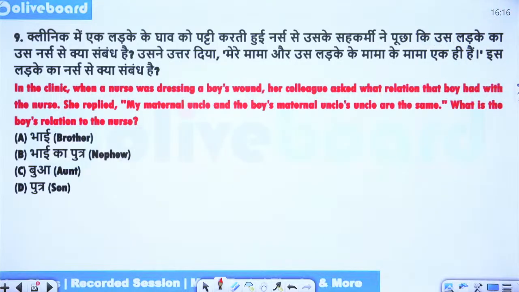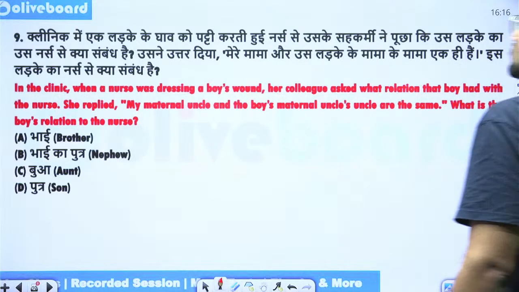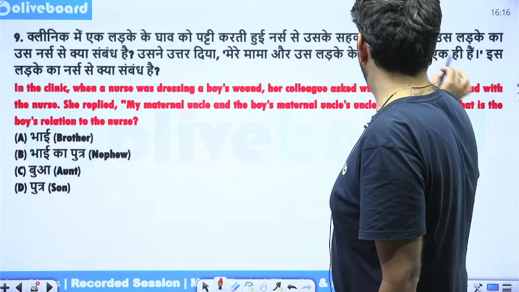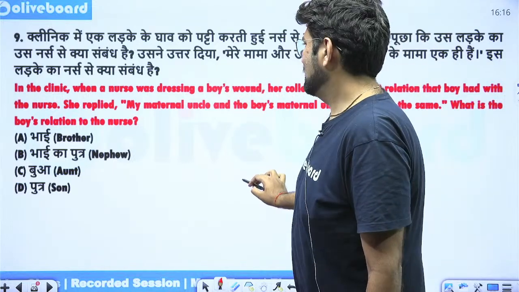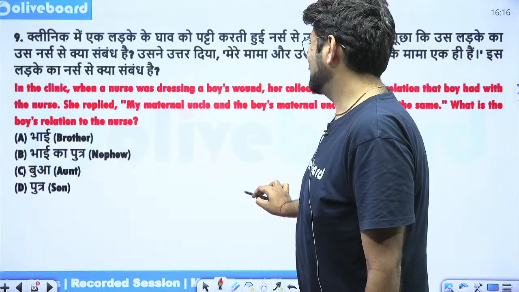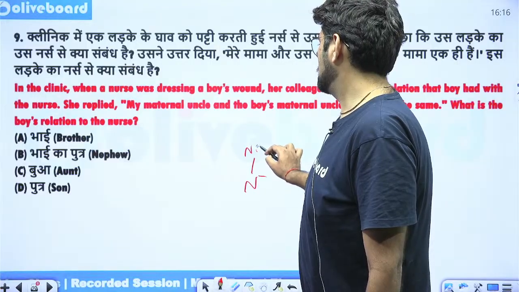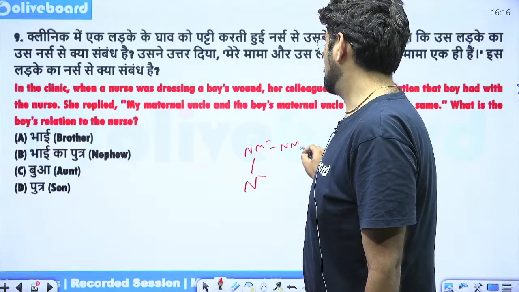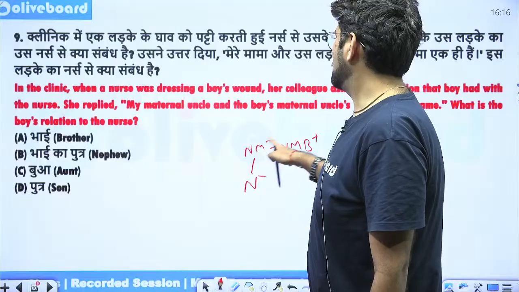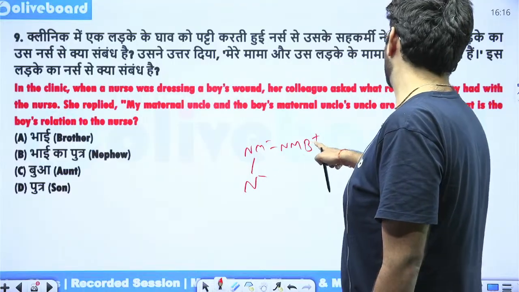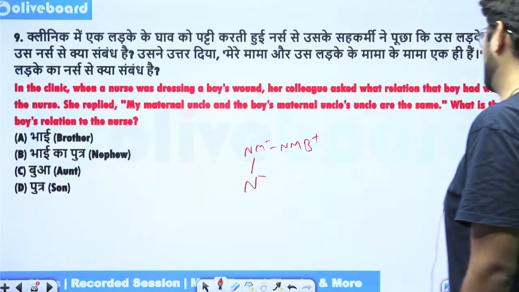In the clinic, when a nurse was dressing a boy's wound, her colleague asked her what relation that boy had with the nurse. She replied, my maternal uncle. So this is the she replied, right? So the nurse is a woman. So the nurse, my maternal uncle, that means nurse's mother, nurse's mother's brother. My maternal uncle and the boy's maternal uncle's uncle are the same.